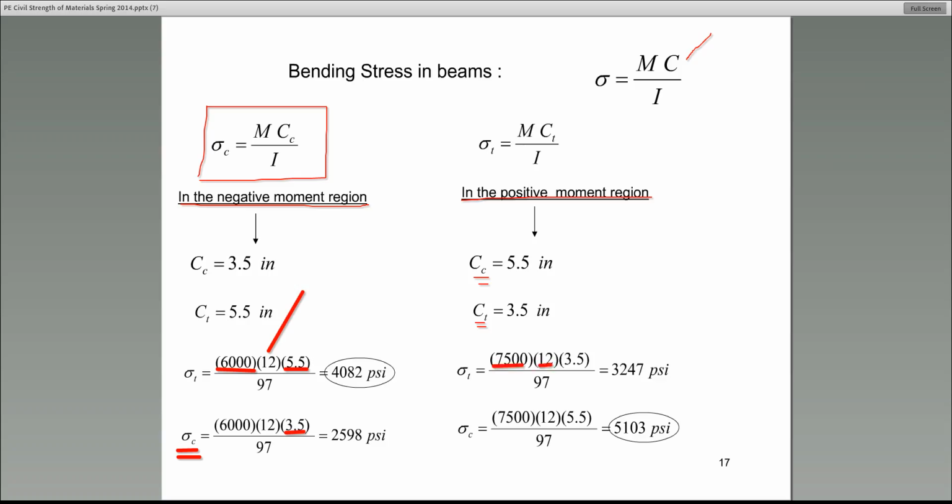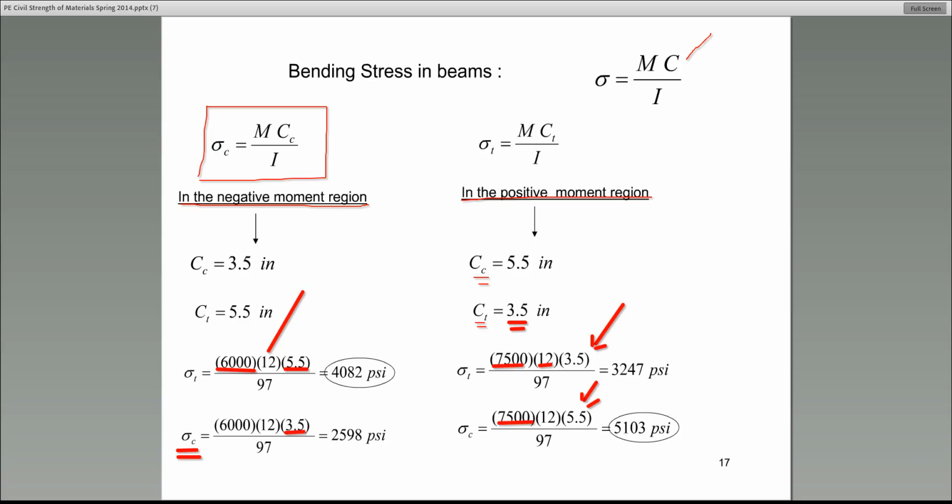Multiply by 12, that's the conversion factor. 3.5 is C sub t now, because the curvature is in the opposite direction now. 7,500 foot-pounds. Everybody knows where we got that. Now, C sub c is 5.5. All right? We get all the numbers together.